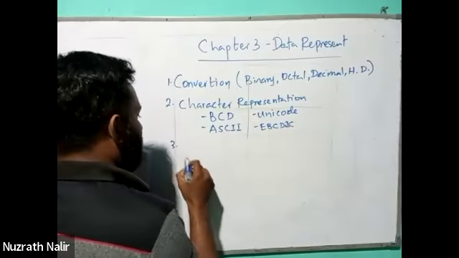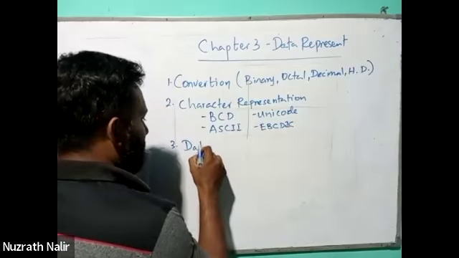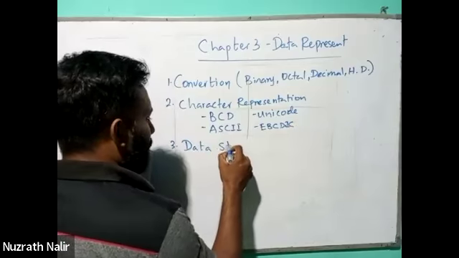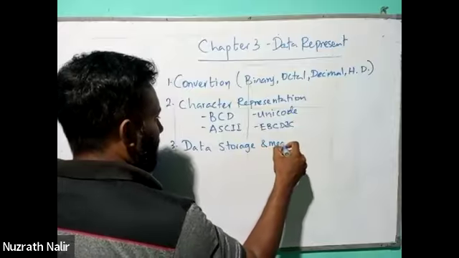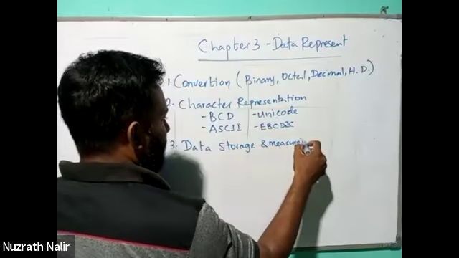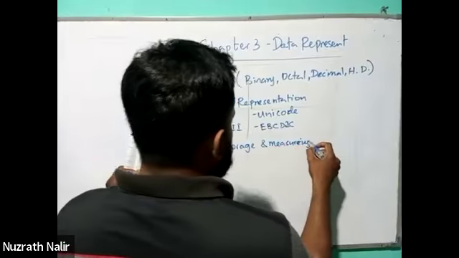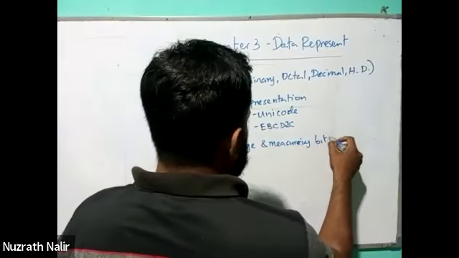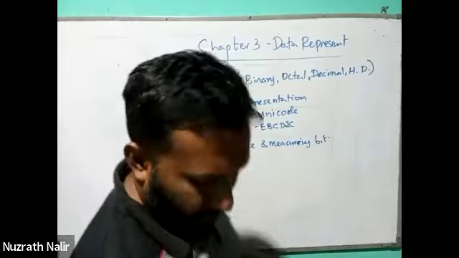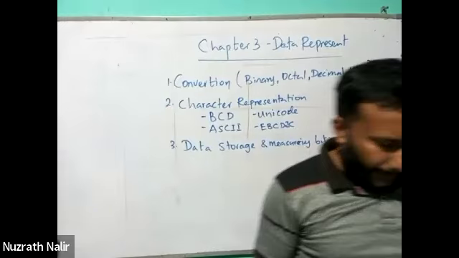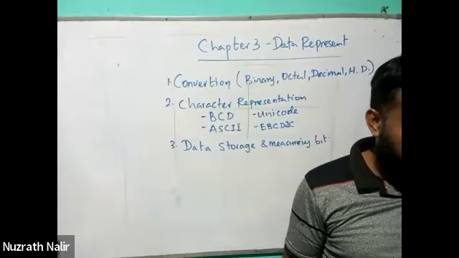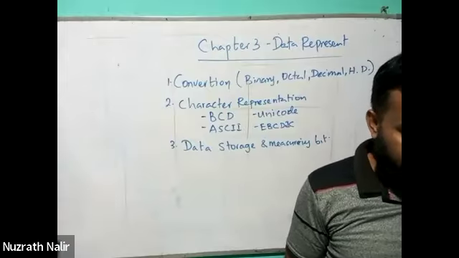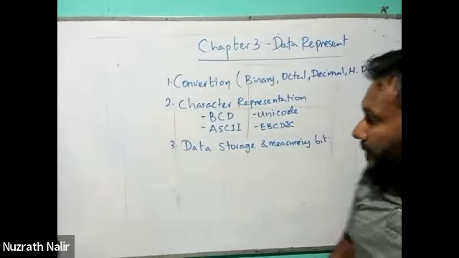And the third one, data storage and measurement, measuring bits and bytes. So these are the lessons that we are going to discuss in this particular area. Chapter 3, a very simple chapter.